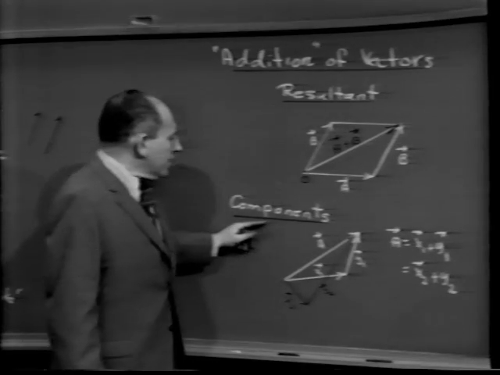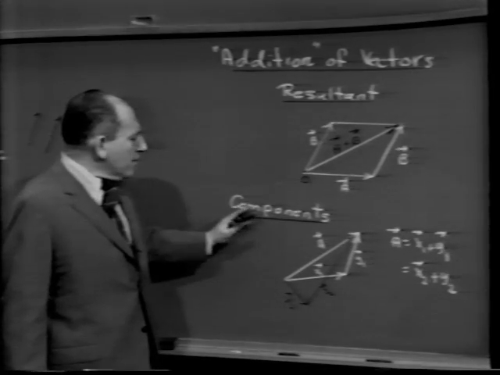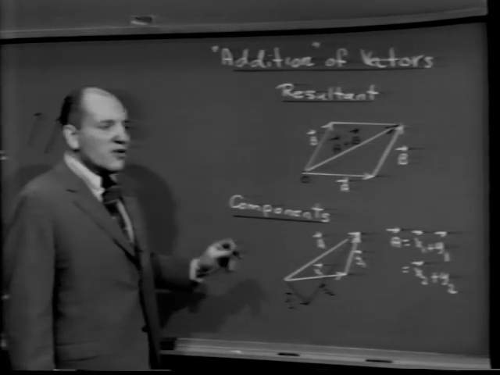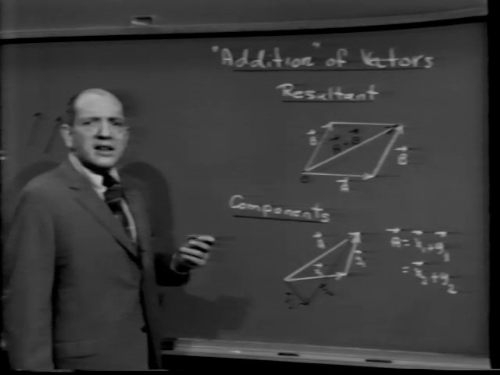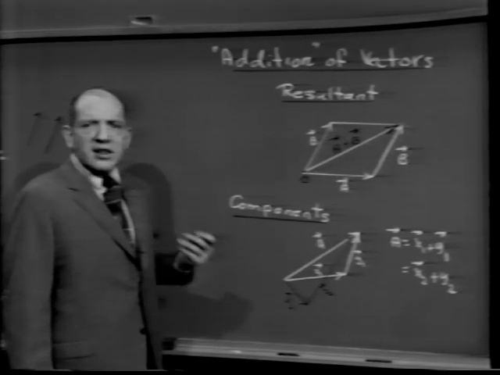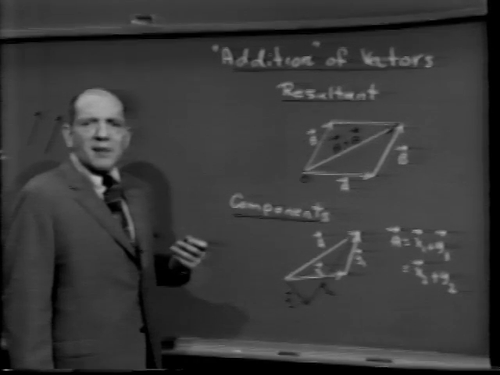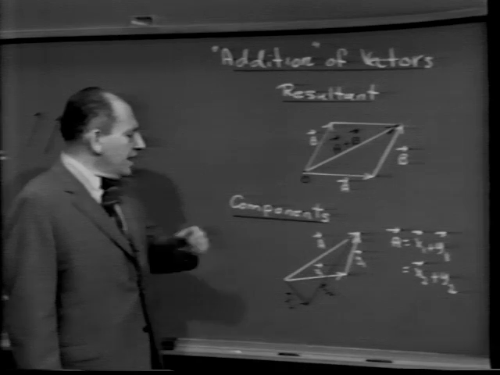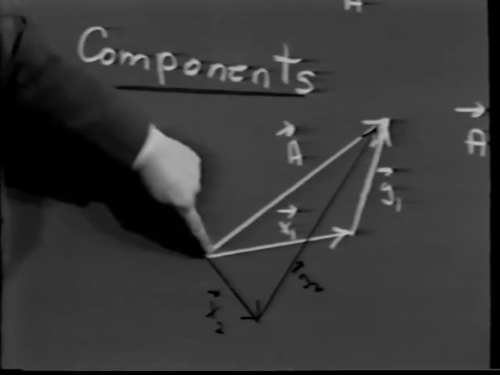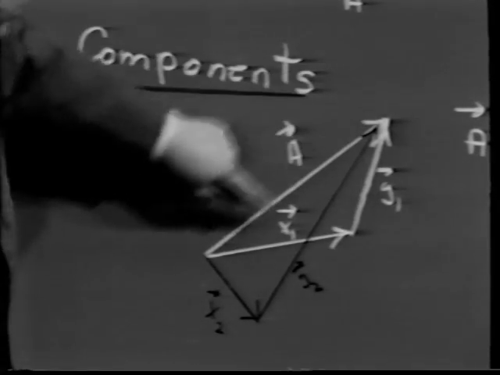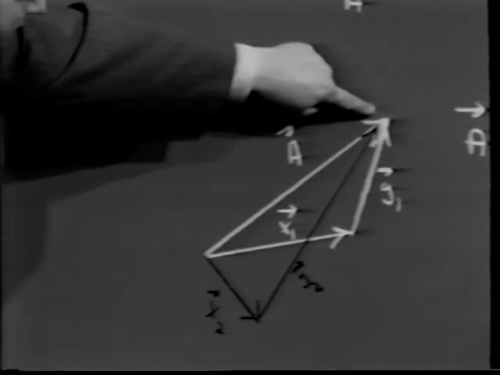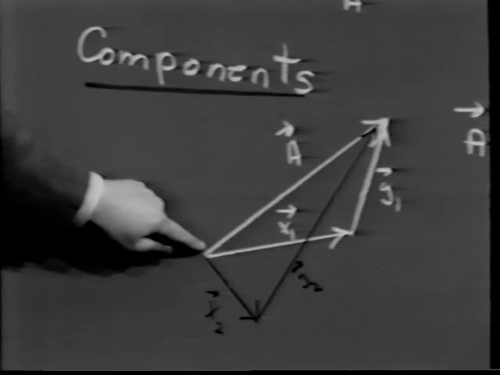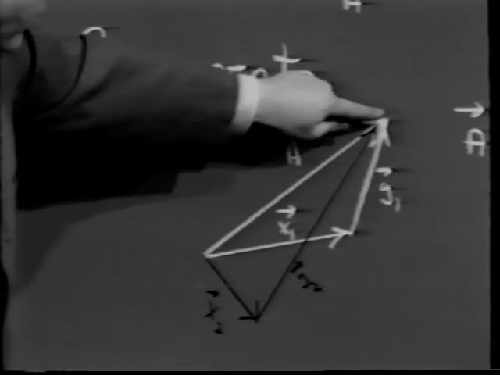By the way, notice again a parallelism between the structure of vectors and the structure of ordinary arithmetic. In the same way that given two numbers, they have one sum, but that a given sum can be formed by different combinations of numbers, two given vectors, which I call here x1 and y1, give A as a sum, but notice also that the vector A is the sum of the vectors x2 and y2.